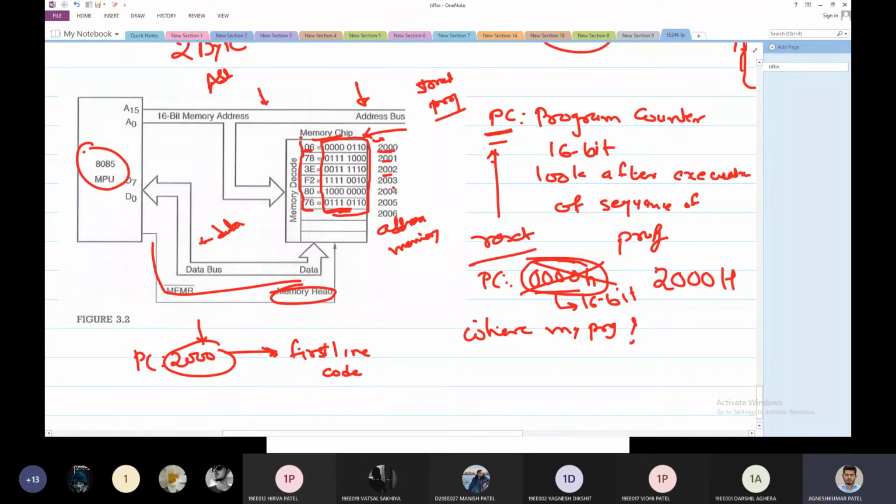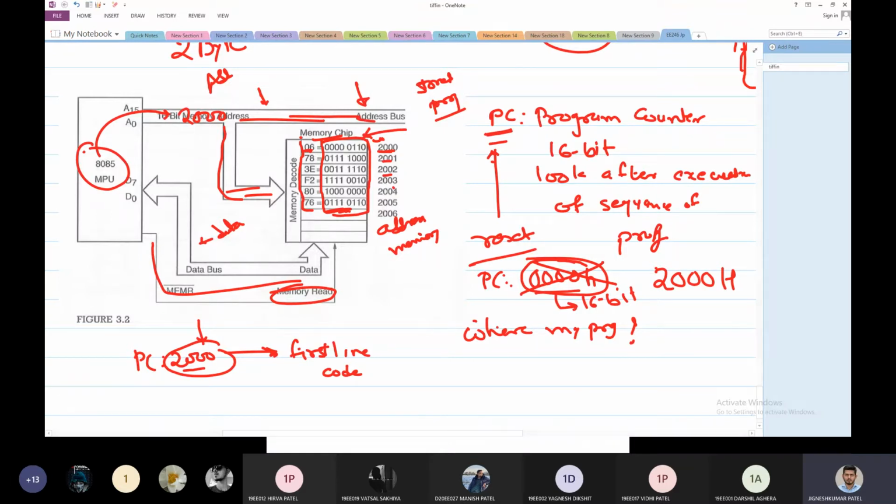The first line of code is always an opcode. It cannot be data because I'm storing a program. So my first item is an opcode, and followed by the opcode, it can be data. So on 2000 it knows it is an opcode. So what will it do? It will put this 2000 on the address bus. So 8085 puts 2000 over here. So 2000 is everywhere now, on our address bus.